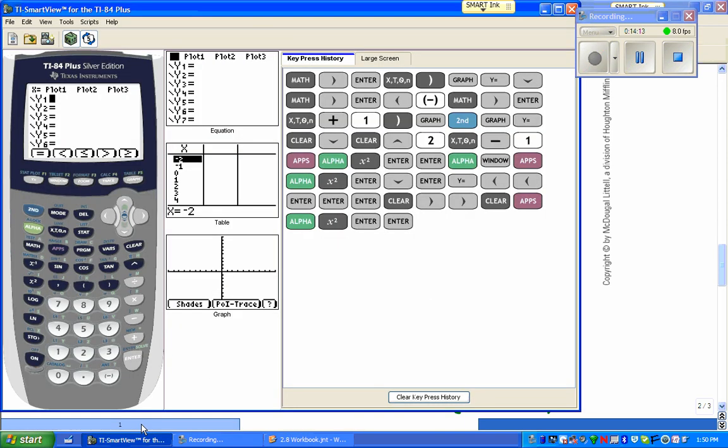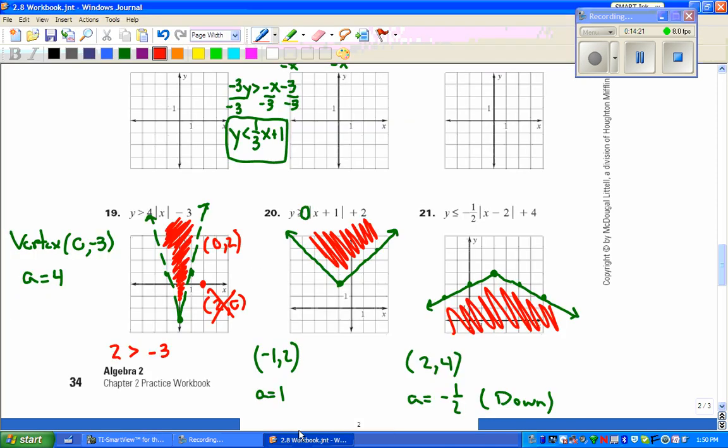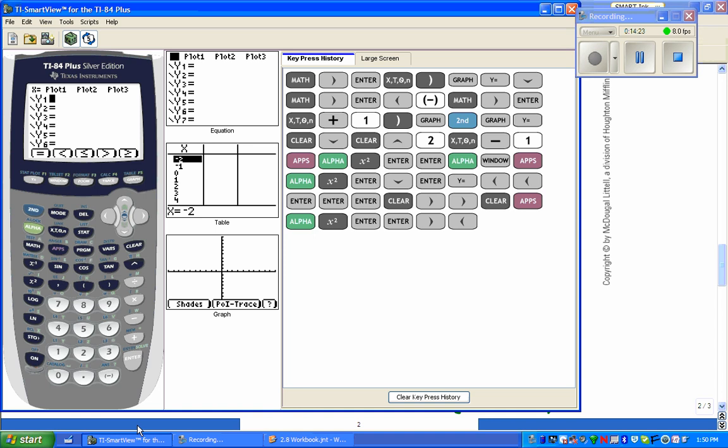Okay, so I'm going to put in, oh, I need to go back here. What sign was it? Less than or equal to. So I'm going to go to alpha, less than or equal to. All right, scroll over. Nope, it was negative 1/2.